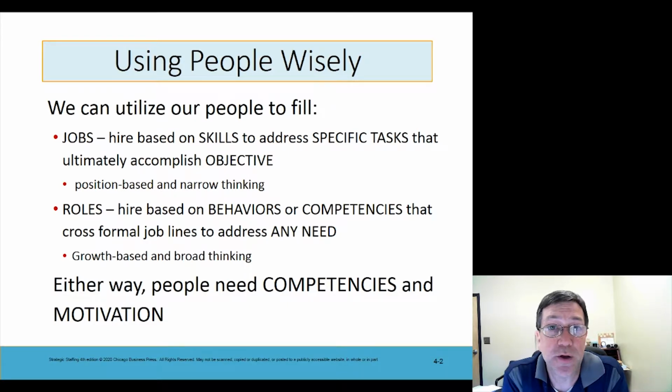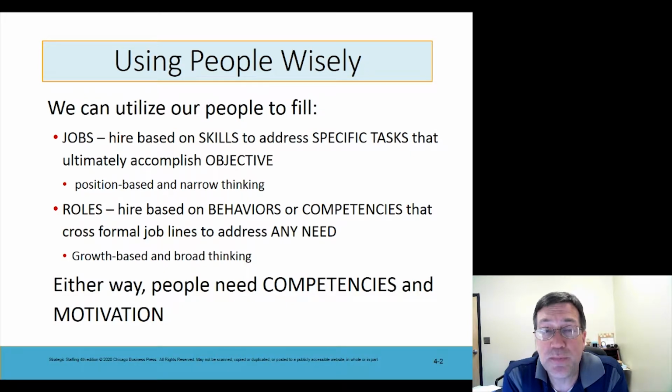So a lot of times we do hire to fill jobs, but the wise way to do our hiring processes and procedures is to look at the roles that people might need to fill, not just the specific job and the title that they need to have, but those roles that they could fill in a broader sense.